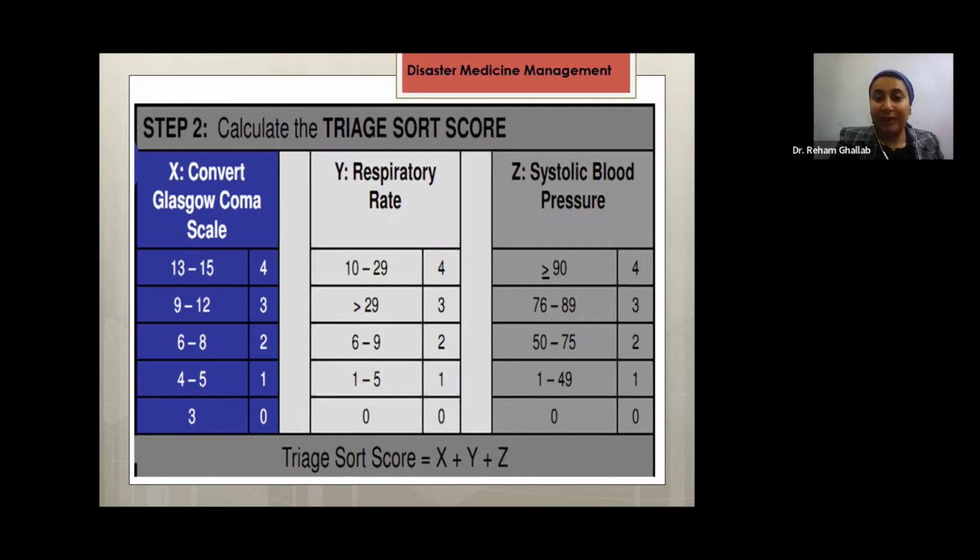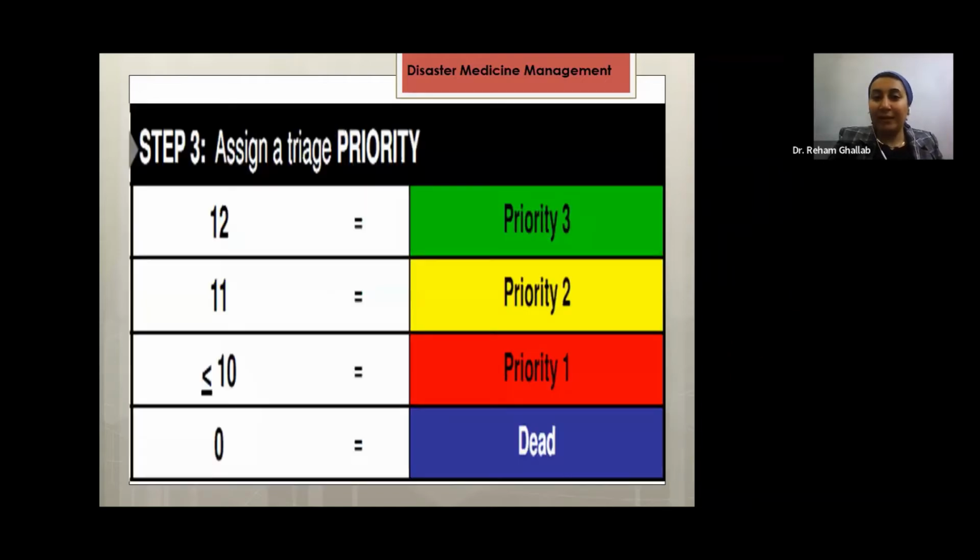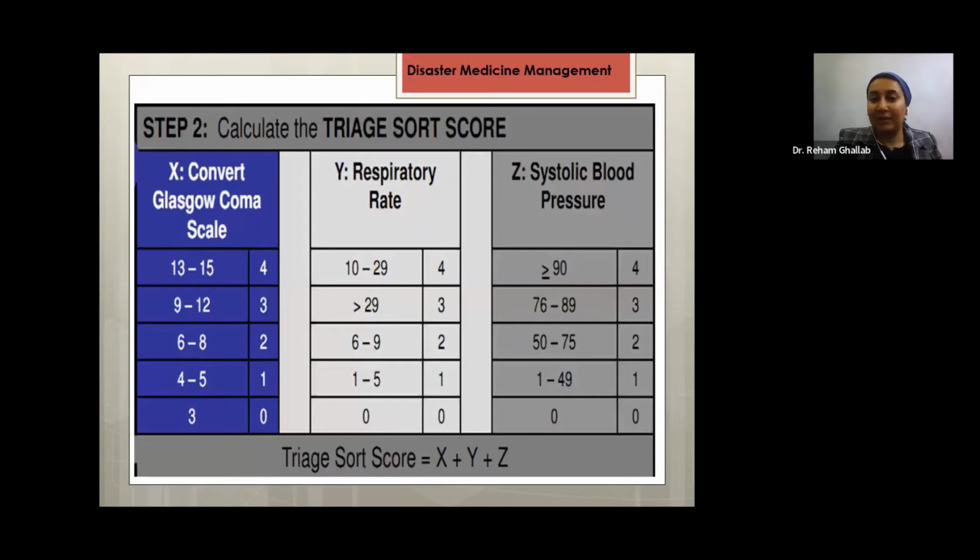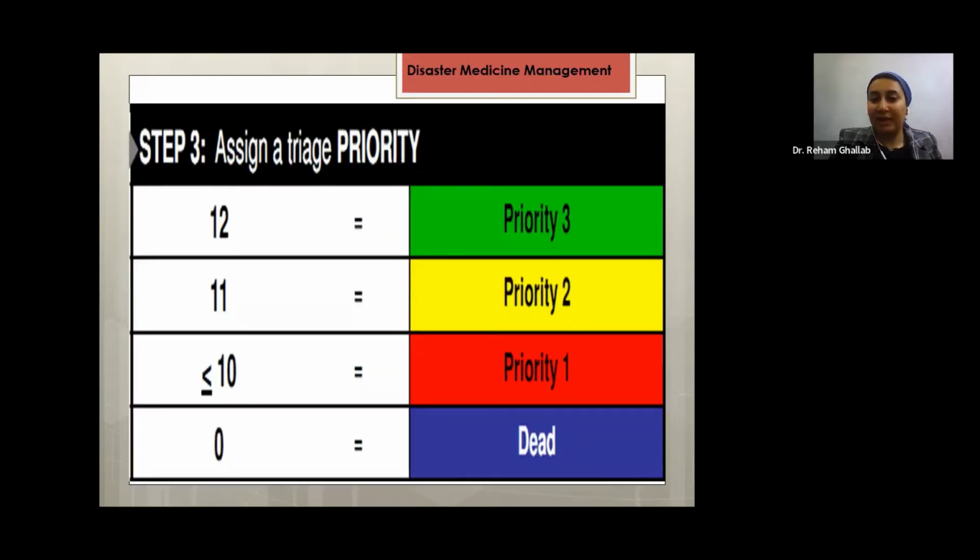Anyone who needs help or needs any point clarified, please raise your hand. And please capture the assignment of the triage priority according to the Glasgow scale and the triage score.